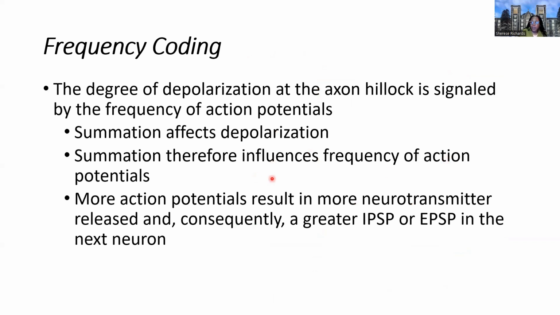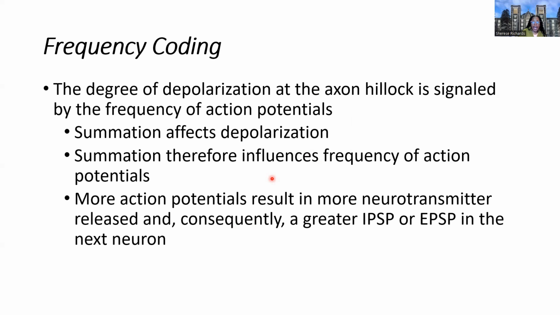Now, frequency coding, we said, is coding depending on the type of signal, the strength of the signal. The degree of depolarization at the axon hillock is signaled by the frequency of action potentials that are arriving. So summation is affecting the depolarization.